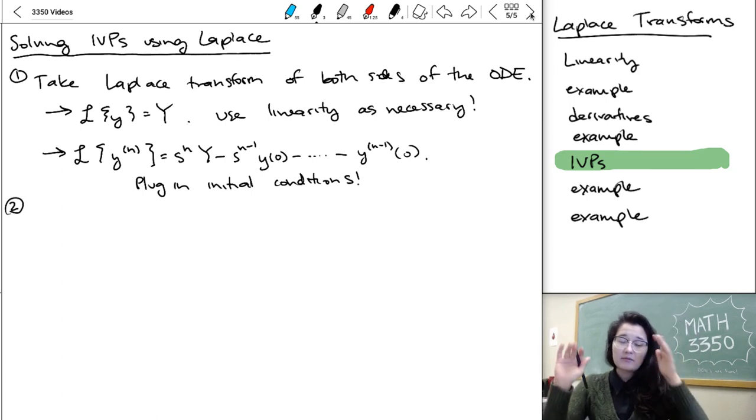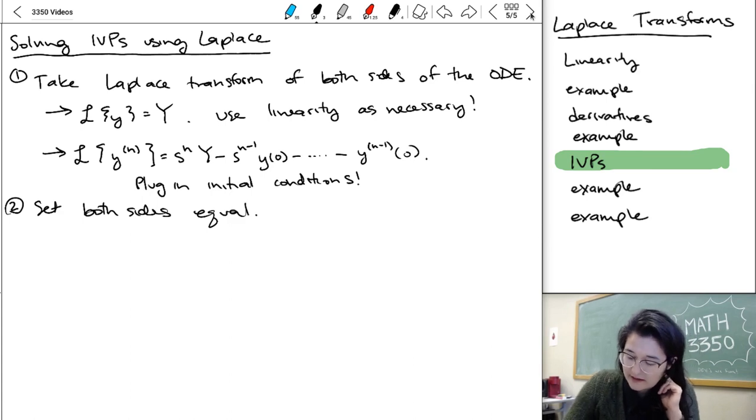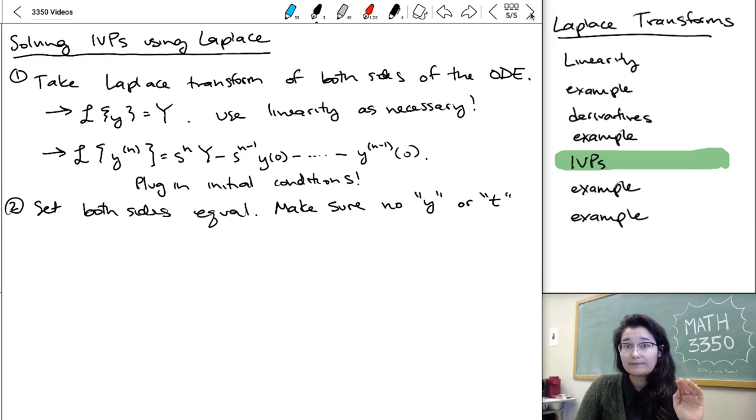Then, after you've taken Laplace of both sides, you're going to set both sides of your Laplace transforms equal to each other. And at this point, you should make sure that there are no y variables or t variables left over.